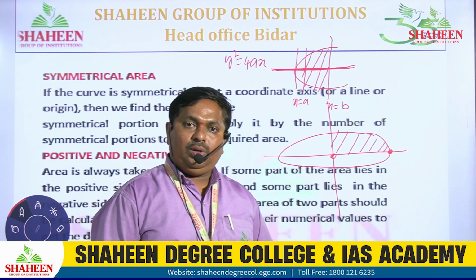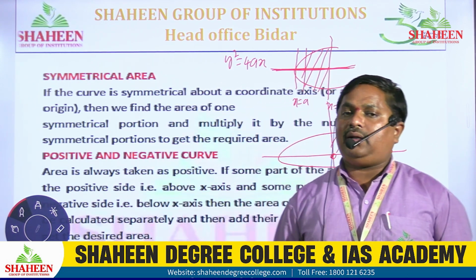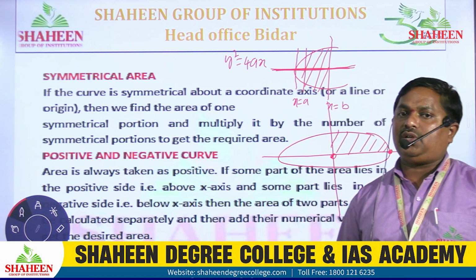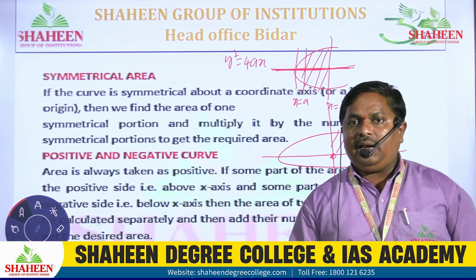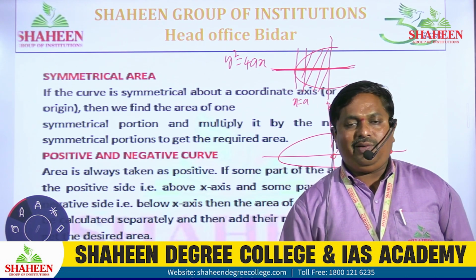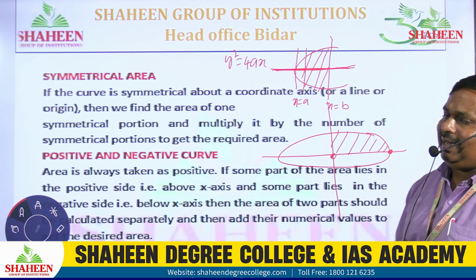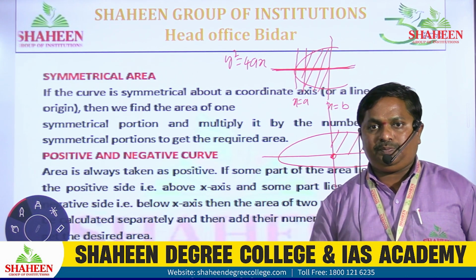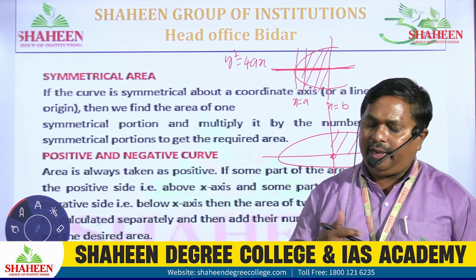Okay. So if you draw the diagram, then you easily come to know how many portions we're getting to find the area. You find one area, multiply it by 4, and you will get the total area. Suppose we are finding only the above x-axis area, then you multiply by 2. In this way we are calculating according to the given question.